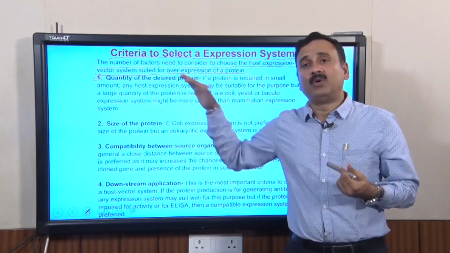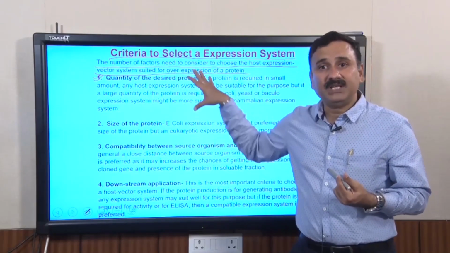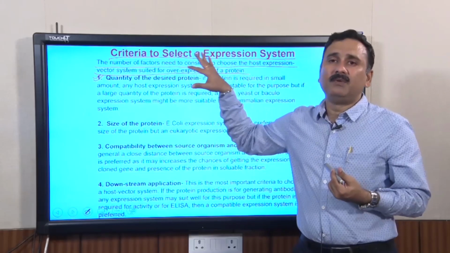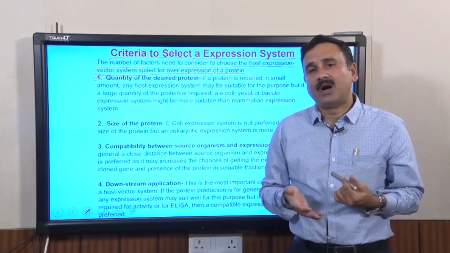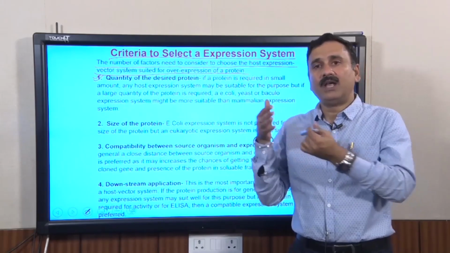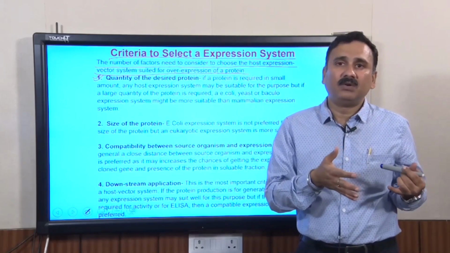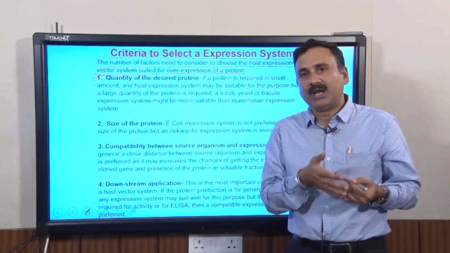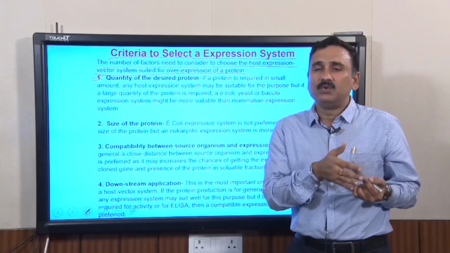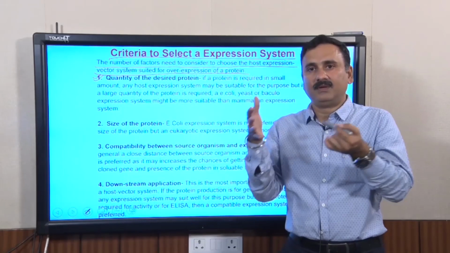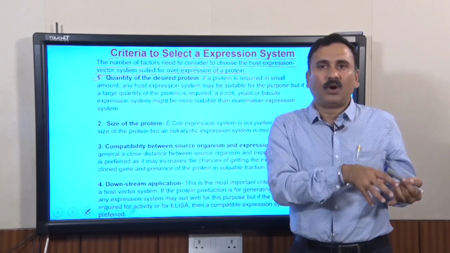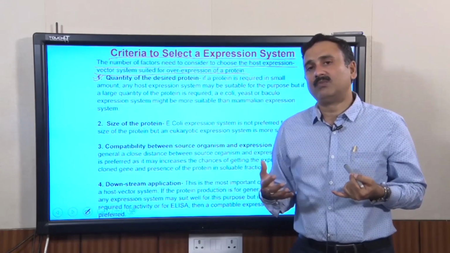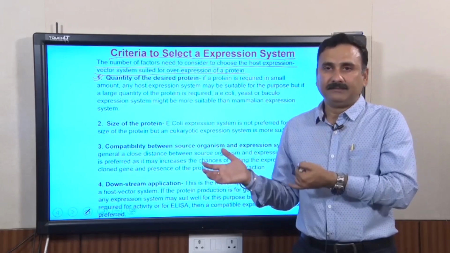In those cases the protein would be required in grams or kilograms, whereas if you are simply trying to get this protein for developing antibodies or antigens, or you are trying to use this protein for catalyzing particular reactions in a bioreactor, or some other kind of metabolic reactions, or for transforming one chemical from toxic to non-toxic and so on, in those cases the requirement of these protein products may be low or high.